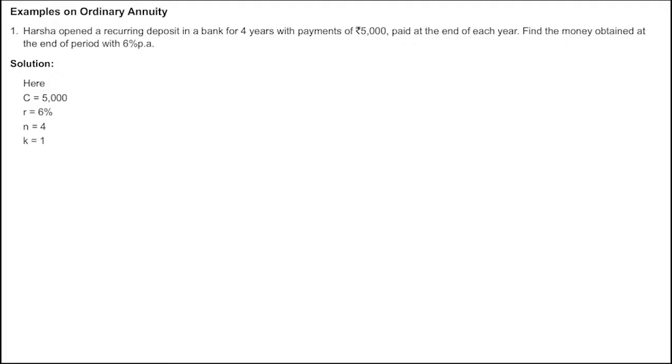According to the given formula, accumulated value is equal to C into [(1 + R/(K×100))^(Kn) − 1] upon R/(K×100).